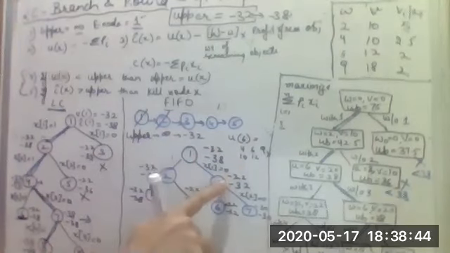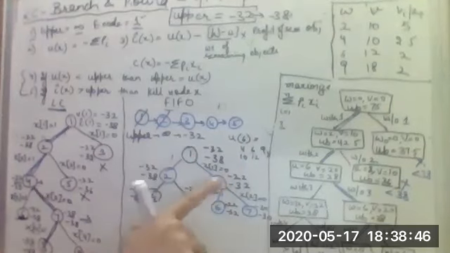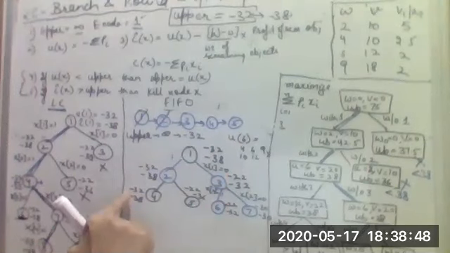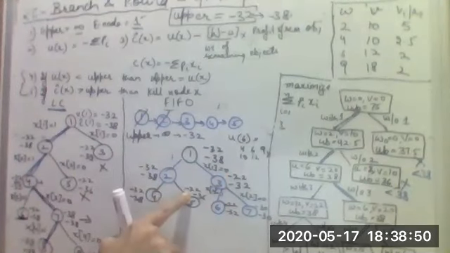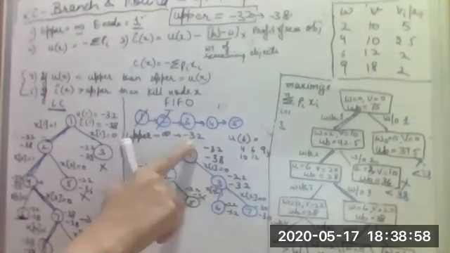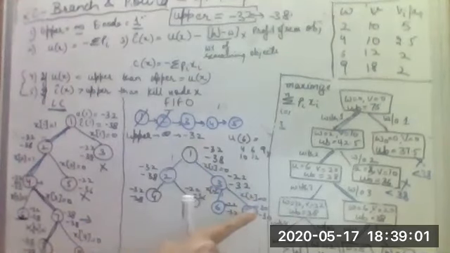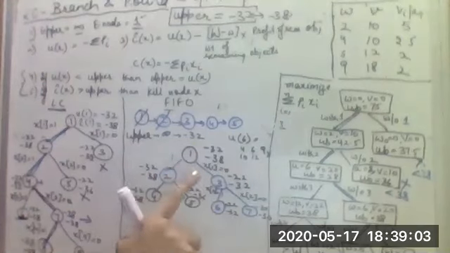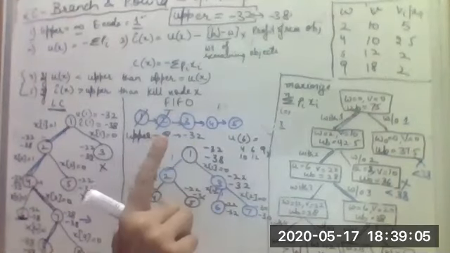Here it was minus 22, so it was greater, we didn't do anything. Here it was minus 32, we don't do anything. Here it is minus 22, again no need to change. Here also it is minus 22. No need to change because this is still greater than minus 32. Here it is minus 30, greater than minus 32. So we are not going to do any change here.